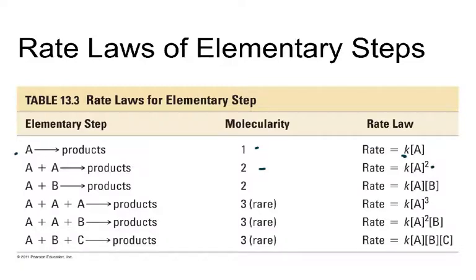If it's 2 different molecules reacting, it's also a bimolecular step, and the rate is k times [A] times [B]. And then we can get into the rare steps as well. So, unlike normal reactions, for elementary steps, you can determine the rate law from the step.